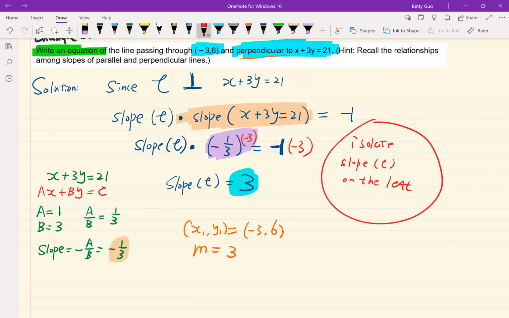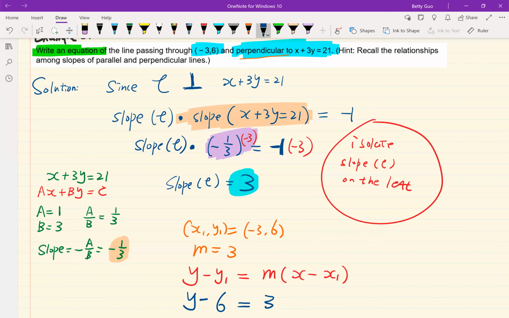Let me write down the point-slope form of the equation. y minus y sub 1 equals m times parentheses x minus x sub 1, right? Let's plug in. Copy y, copy minus. Tell me what is the value of y sub 1? The second component, the y coordinate of the given point. Yeah, 6. Very good. Copy equal. What's the value of m?